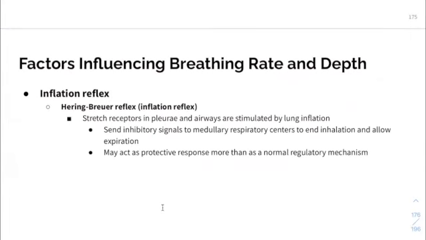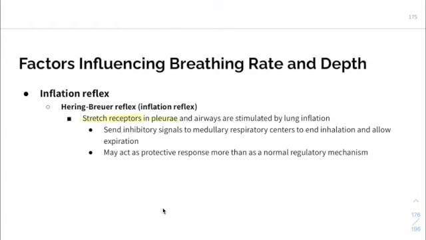So we have a reflex that is called the Hering-Breuer reflex, or inflation reflex. And it has to do with stretch receptors. Just like in your skeletal muscles, your smooth muscle, your lungs, and that pleura have stretch receptors.